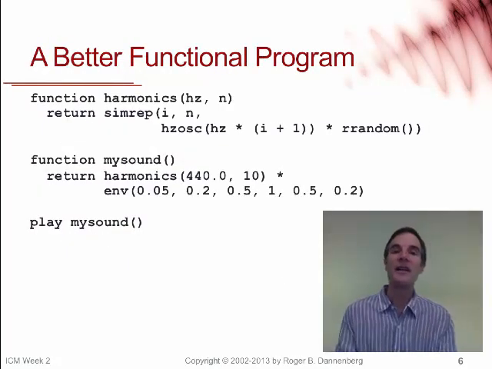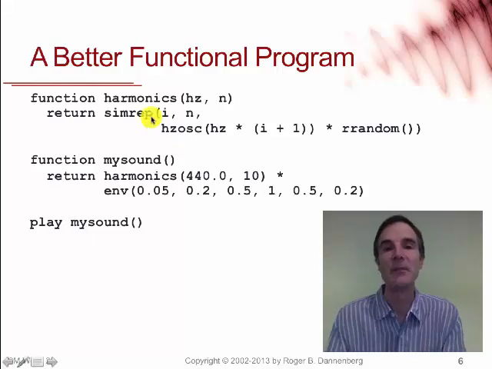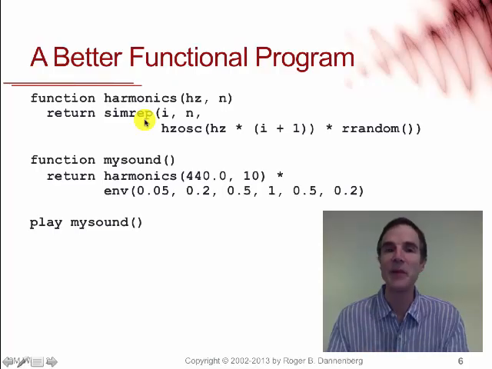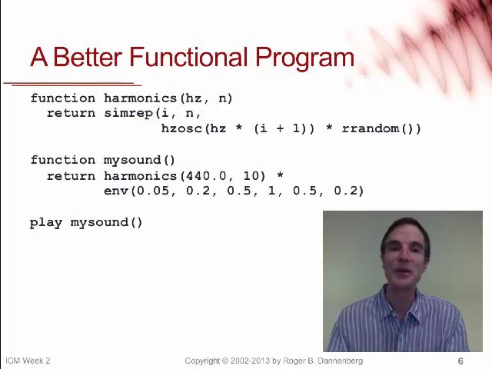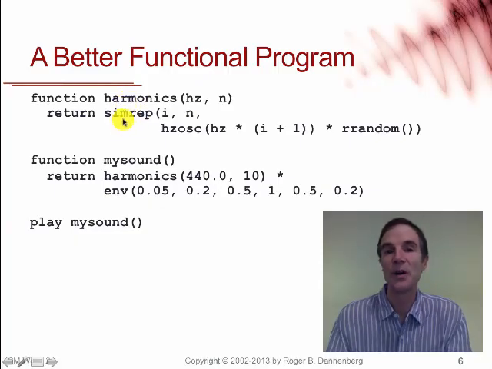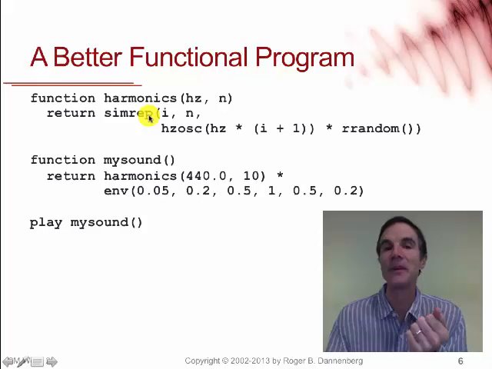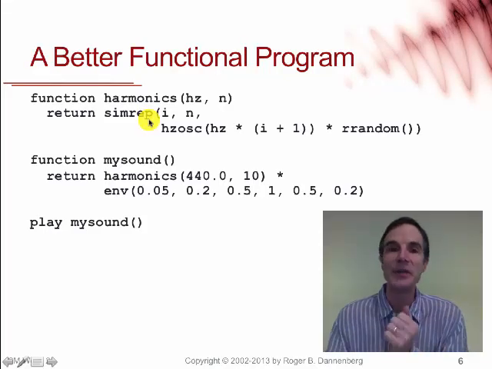All right, finally, I want to present the program the way I would actually write it. This is a purely functional program. It's very idiomatically a Nyquist program because rather than using recursion, which of course works, we're using a special construct called SIMREP. So SIMREP means simultaneous repetitions.